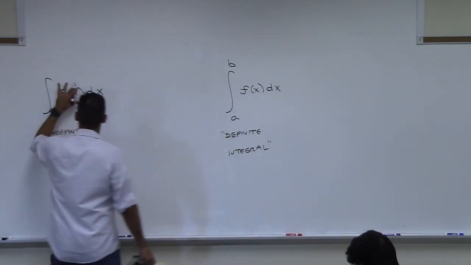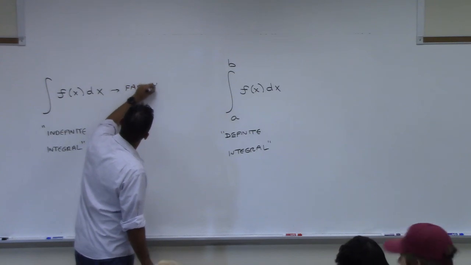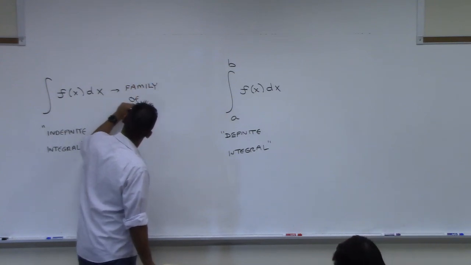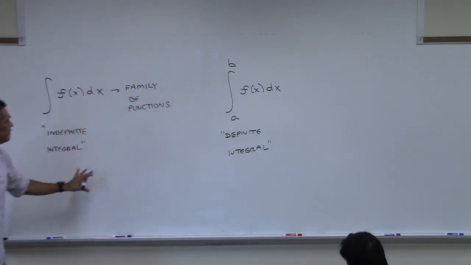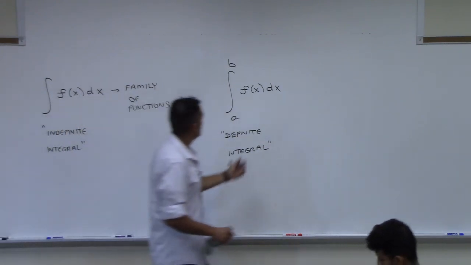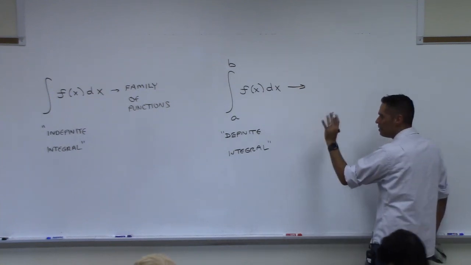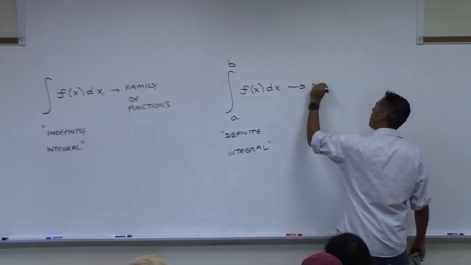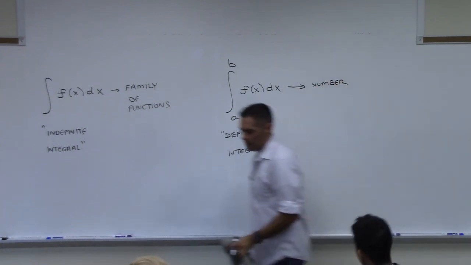So remember, for this, the answer is going to be a family of functions. For here, your answer is going to usually be a number. It is possible to get infinity there.